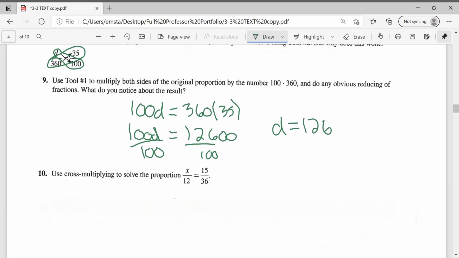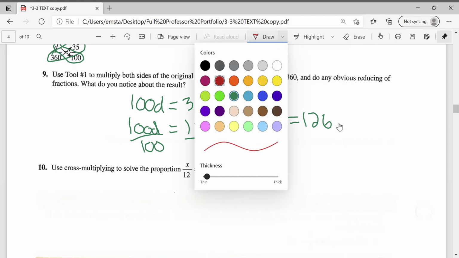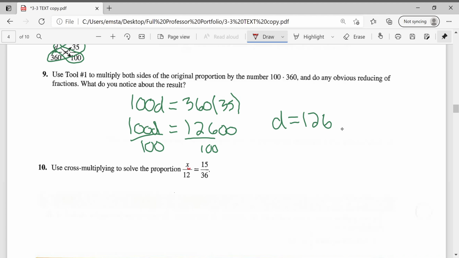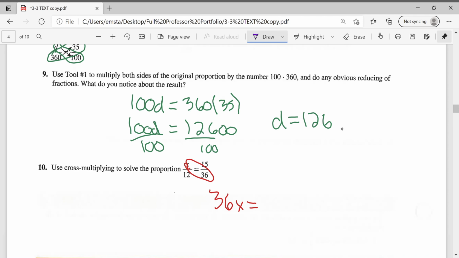So let's do number 10 as a proportion. We're going to multiply, we're going to make it turn into the butterfly. X times 36 is 36x. And then for the other side, we're going to do 12 times 15, which is 180.